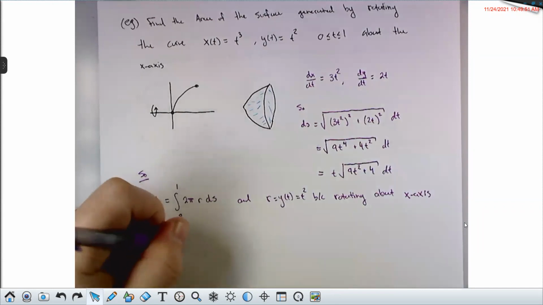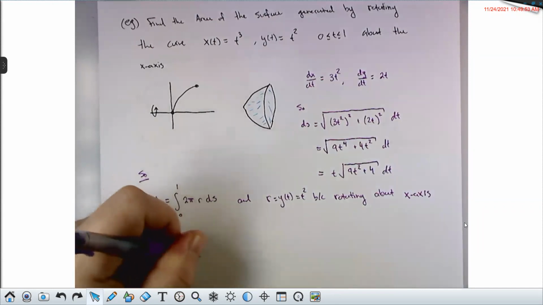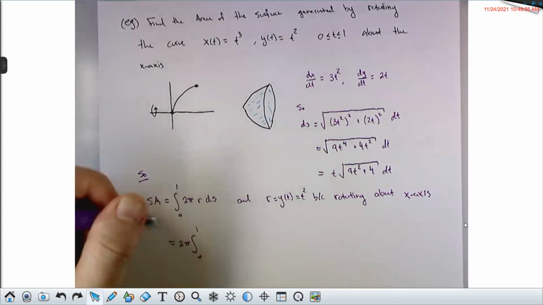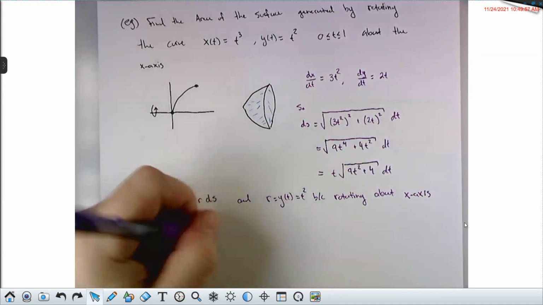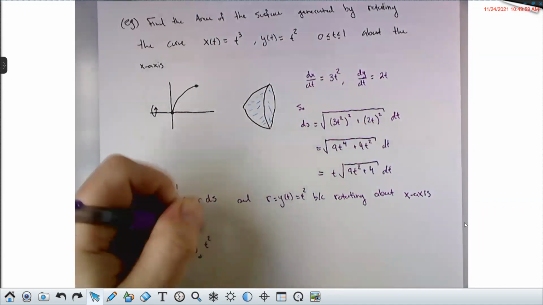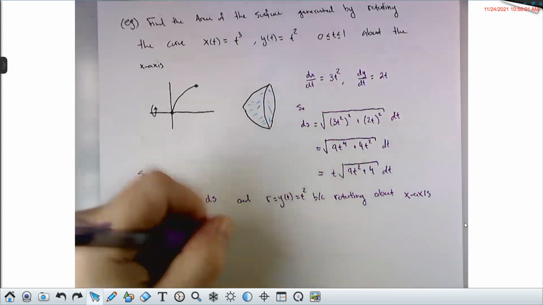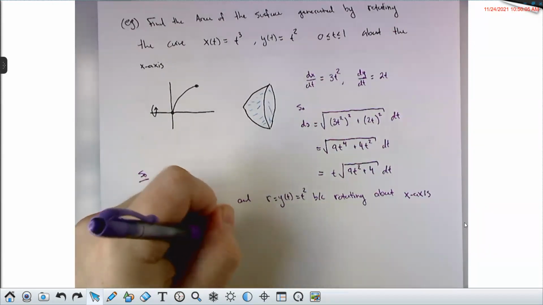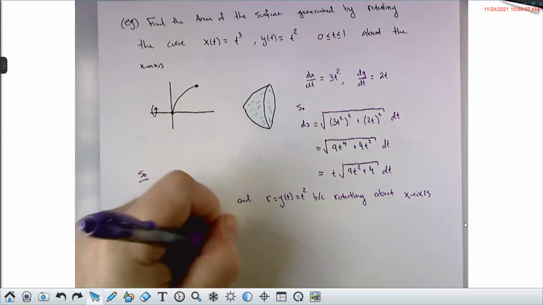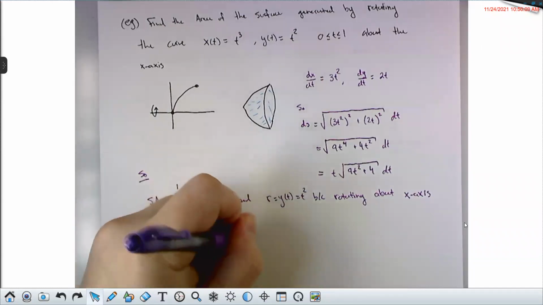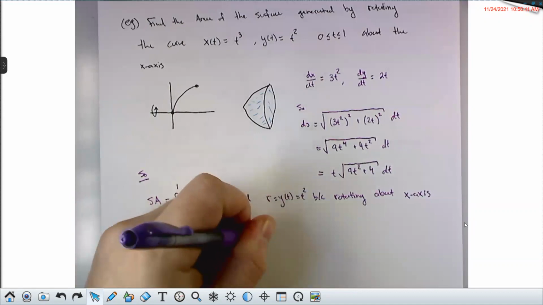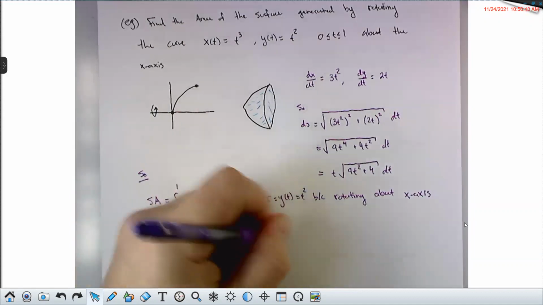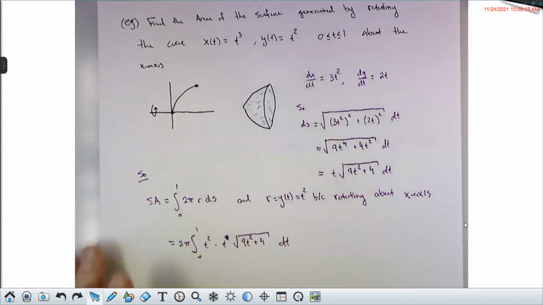So this is 2 pi integral 0 to 1. R is y of t, t squared. ds is t times the square root of 9t squared plus 4 dt.